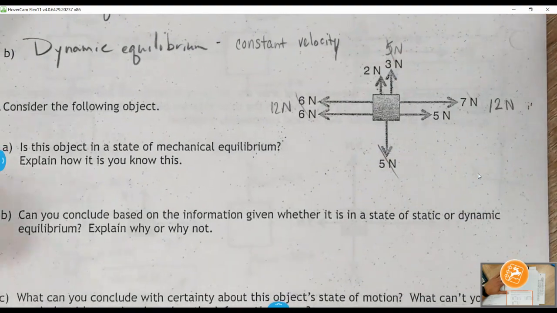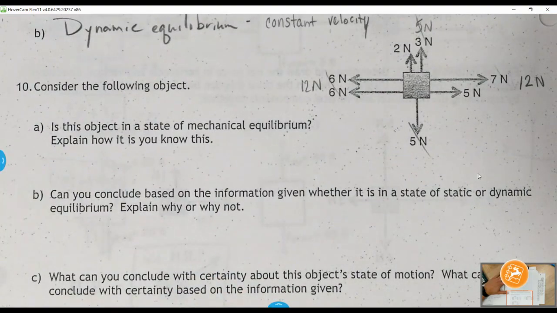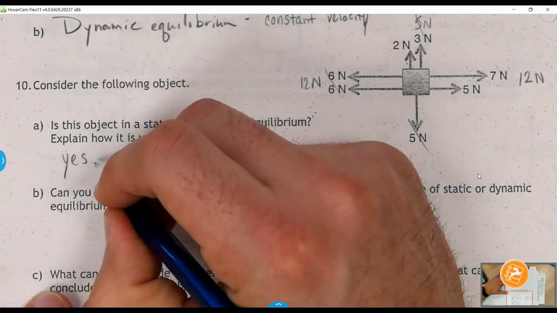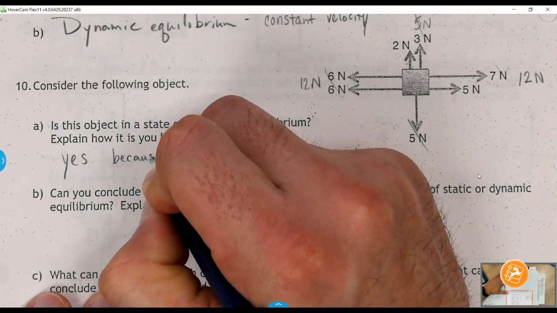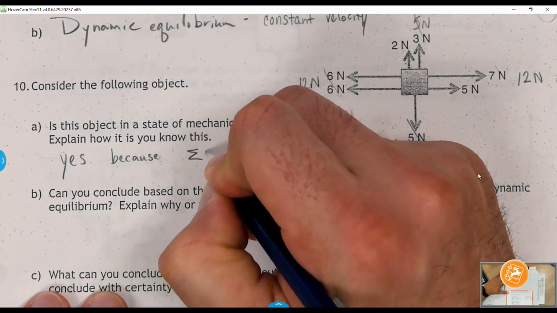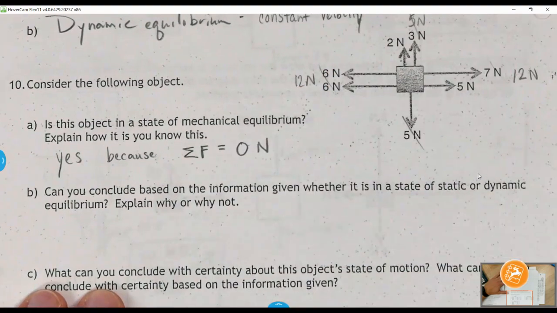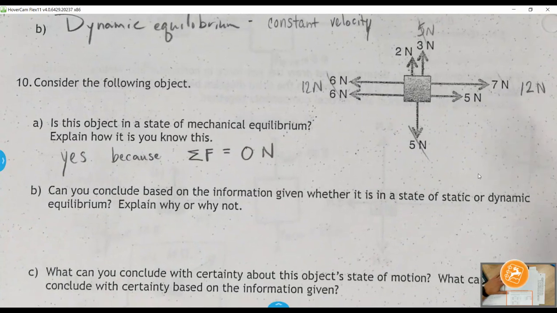Those balance. So they ask you, is this thing in a state of equilibrium, and how do you know it? Yes, because the sum of the forces equaled 0. We added forces in the same direction, and we subtracted in the opposite direction.